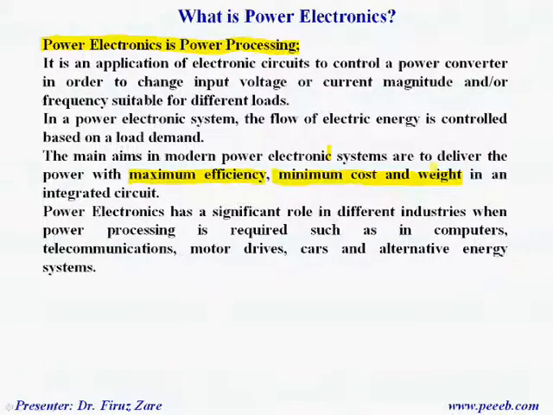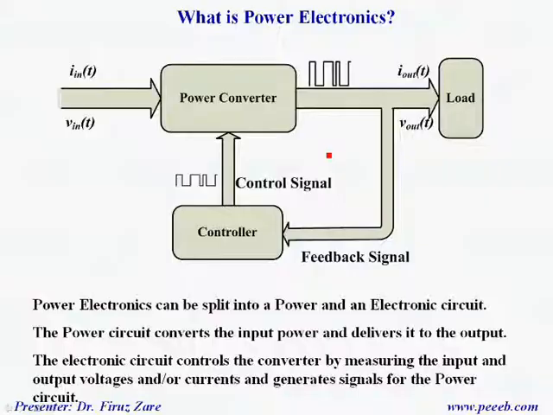Power electronics has a significant role in different industries when power processing is required, such as in computers, telecommunications, motor drives, cars, and alternative energy systems. So this is a simple block diagram of a power electronic system. Basically, power electronics can be split into a power circuit and a controller or electronic circuit.